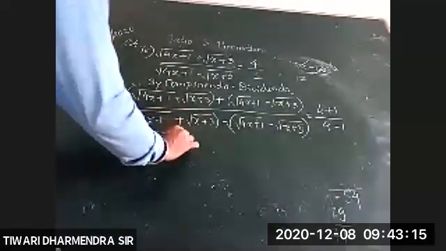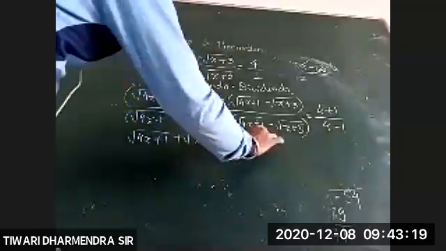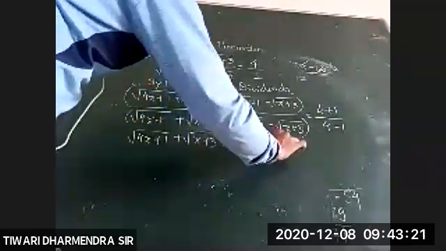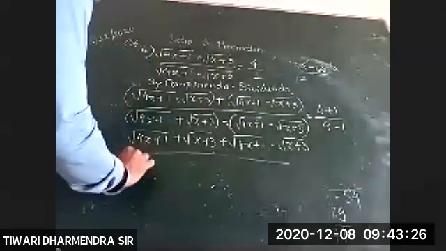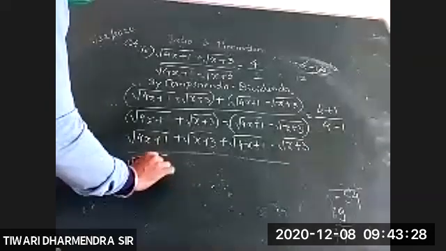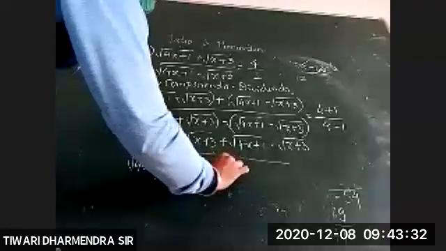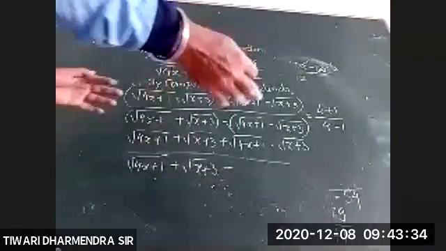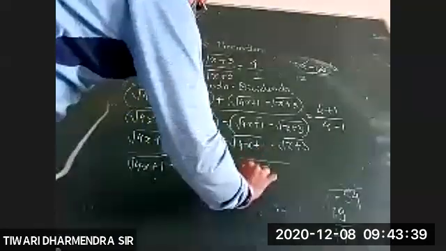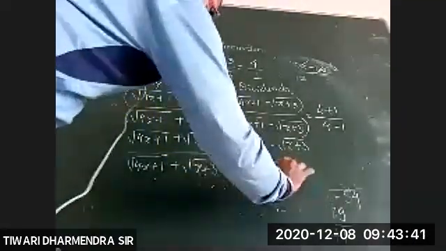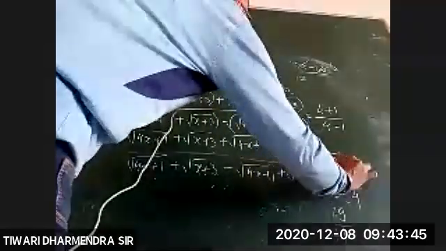Root of 4x plus 1 plus root of x plus 3 plus root of 4x plus 1 minus root of x plus 3 divided by root of 4x plus 1 plus root of x plus 3 minus, as I'm opening a bracket, plus will become minus and minus will become plus. So minus root of 4x plus 1 plus root of x plus 3 is equal to 5 upon 3.